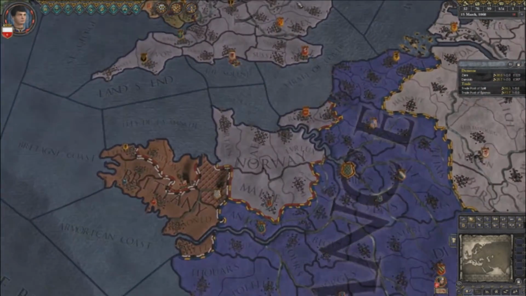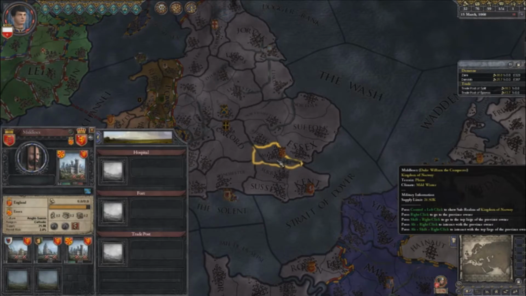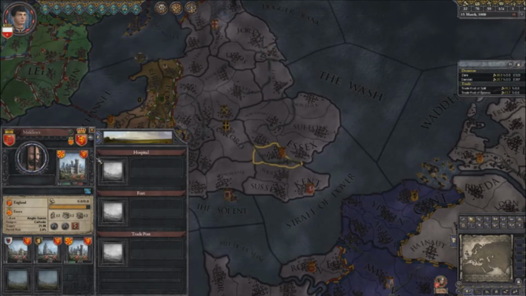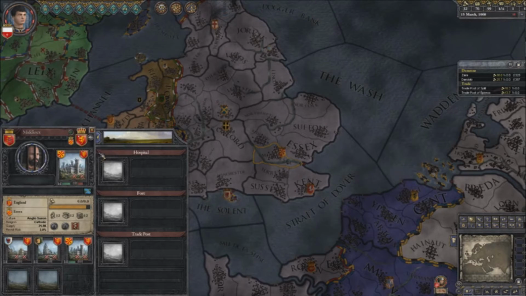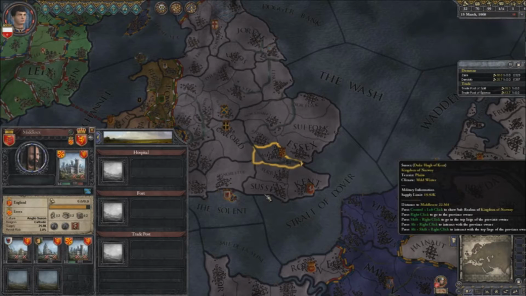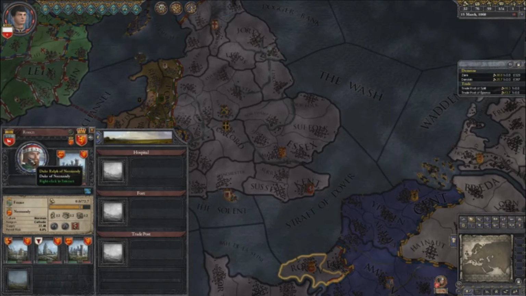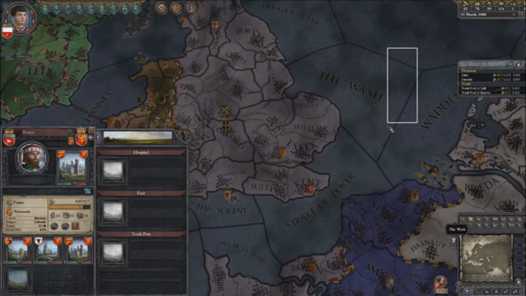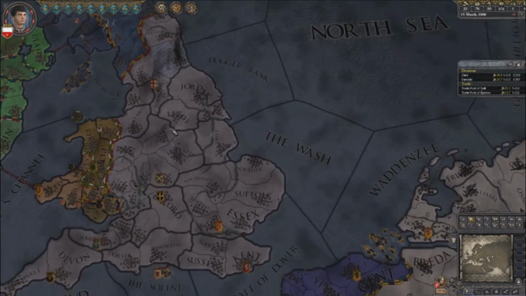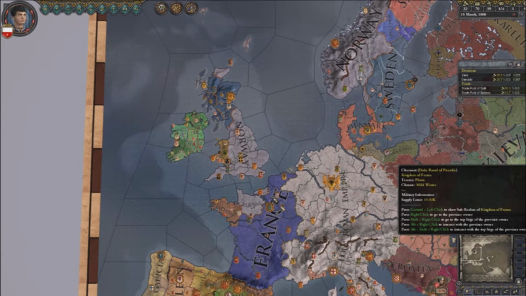William the Conqueror invaded England, took it over. Since he became king, he could only hold 2 duchy titles at the same time. So what he did was he appointed his second or third cousin over here, Ralph, who was a distant enough relation to not have any immediate desire to claim the throne.